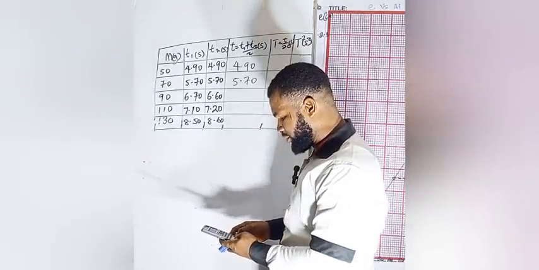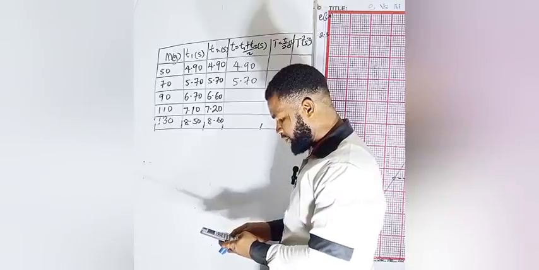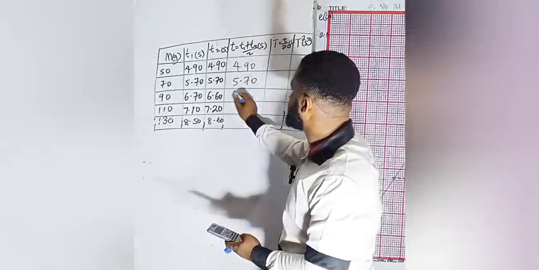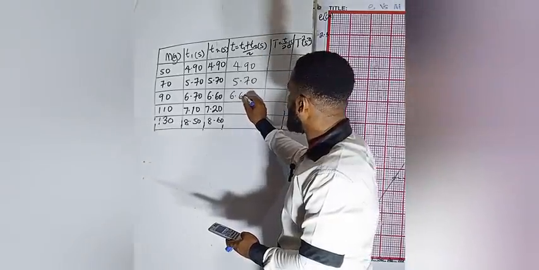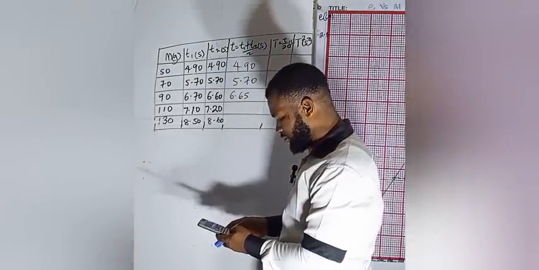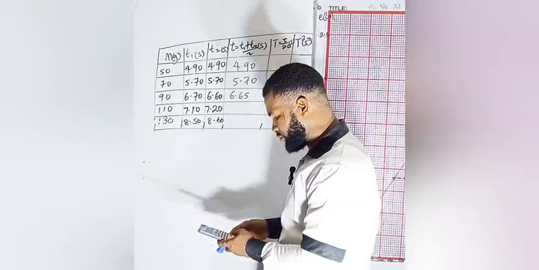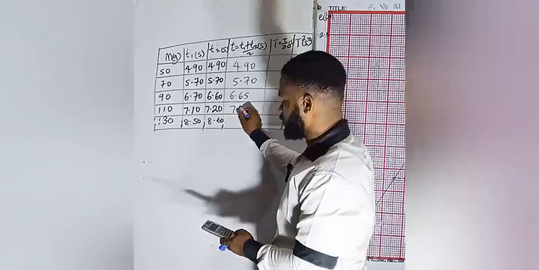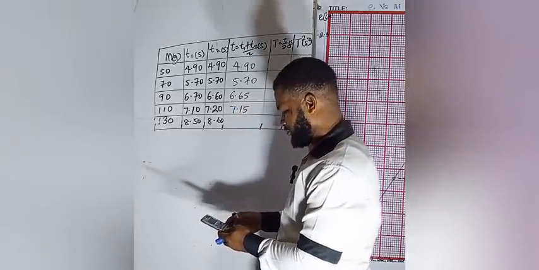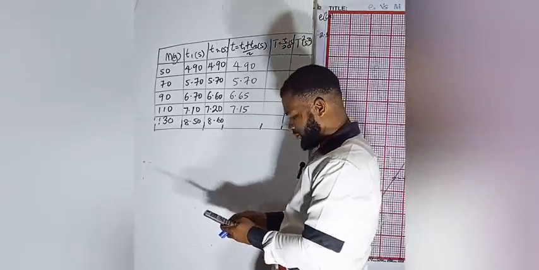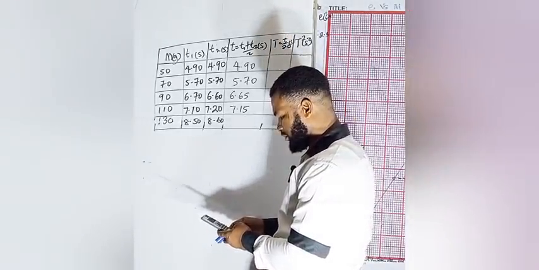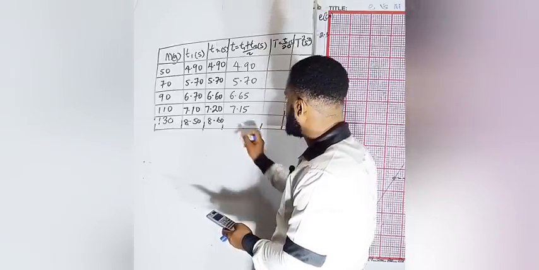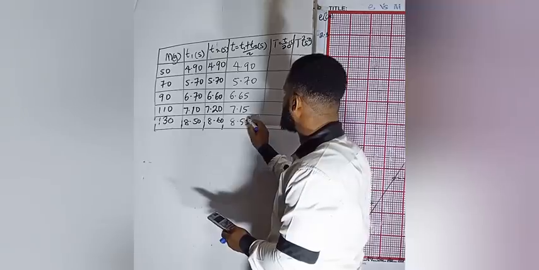But this is 6.7 plus 6.6 divided by 2, which is 6.65. This is 7.1 plus 7.2 divided by 2, 7.15. This is 8.5 plus 8.6 divided by 2, which is going to give me 8.55.